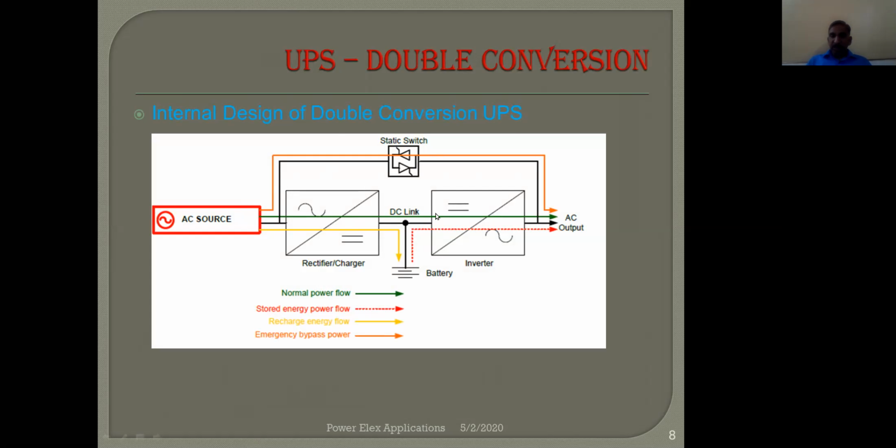This DC is converted through this inverter back to AC and to the load. This is normal power. At the same time, battery charging is continuously running. This controlled converter is feeding the battery and the battery is getting charged to the full level.